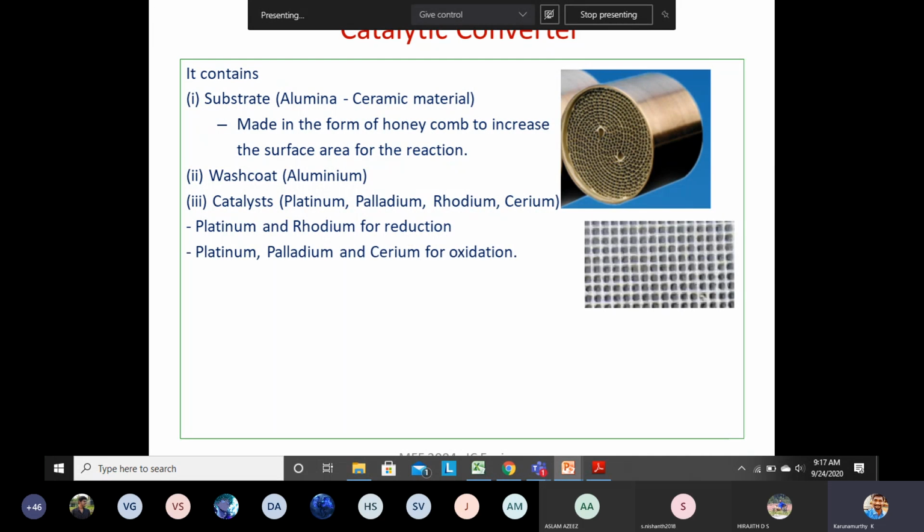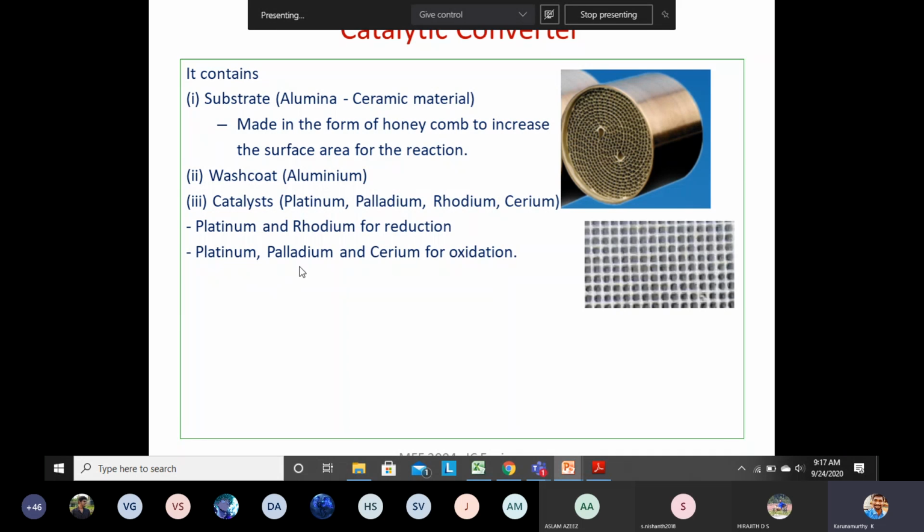And for the reduction reaction to occur, these catalysts are necessary. Platinum and rhodium are responsible for the reduction reaction, which is the stage 1 reaction of the catalytic converter. Followed by stage 1, we have the stage 2 reaction.